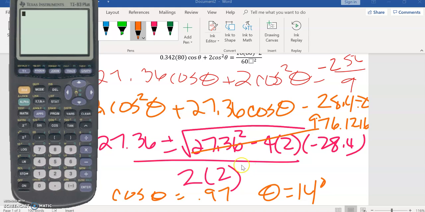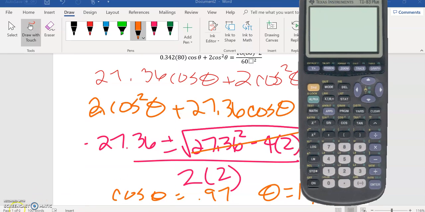But this is how you do this problem, and you can see this is mainly just a lot of algebra. I put in all the numbers, crunched them all out, and put them into that quadratic, which I ran through my calculator. I only used a little bit of trig at the very end. But it's important that we're very careful with all that algebra as we go through it.